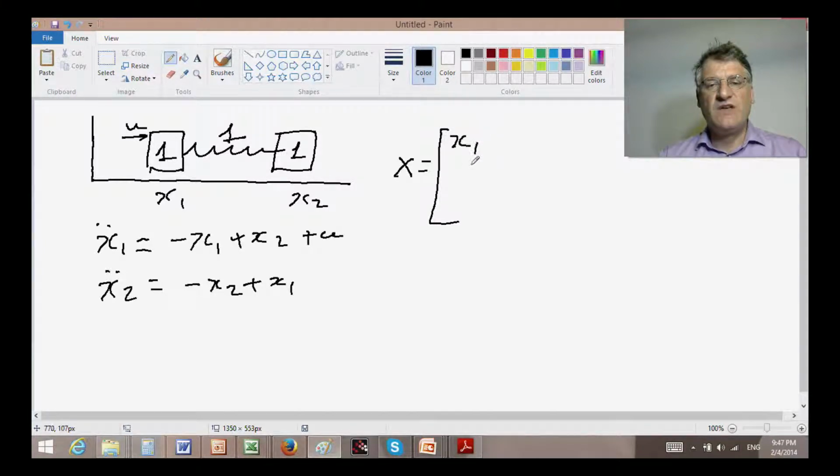x1, x1 dot, x2, x2 dot. Why? Because you see first and second derivatives of x1 and x2 appear, or to be more precise, we see up to second derivative of x1 and x2 appear.